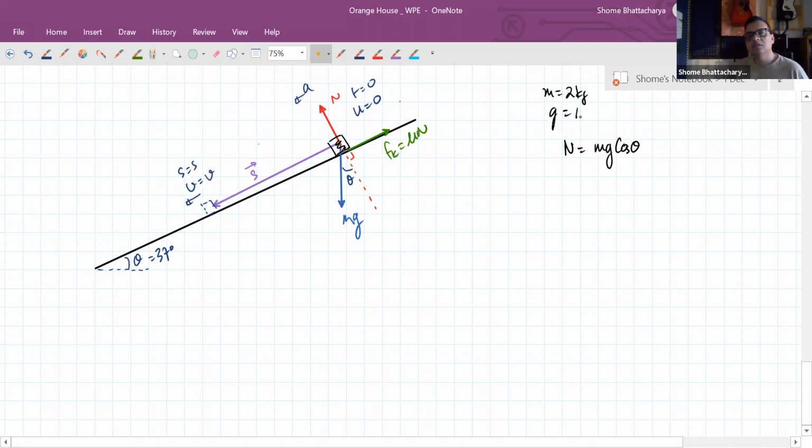We take g as 10 meters per second square, and theta is 37 degrees. So this will become 16 newtons. So kinetic friction, and mu was 0.5, becomes 8 newtons in magnitude.